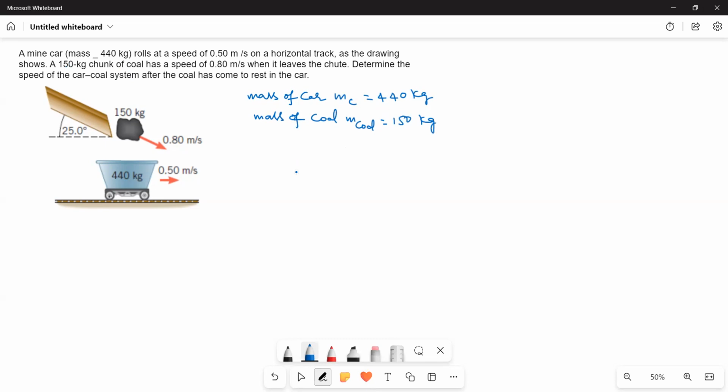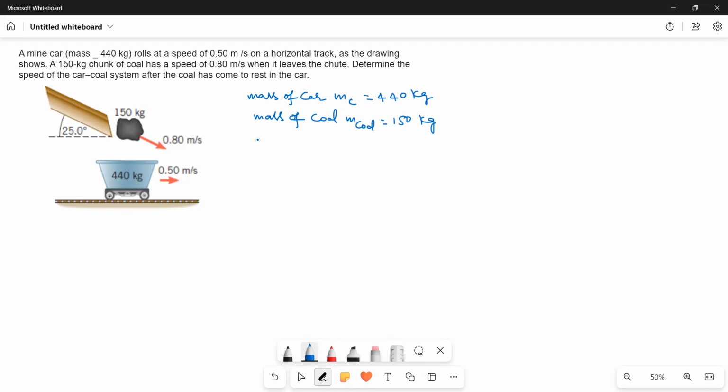Okay, and then the coal is making an angle of 25 degrees with the horizontal and traveling with a velocity of 0.8 meters per second. Okay, and then the car is traveling with a velocity of 0.5 meters per second, along the positive x direction.